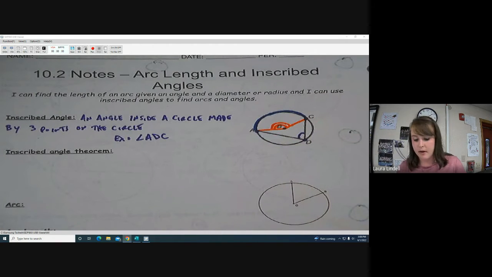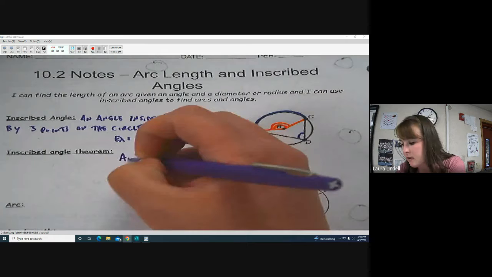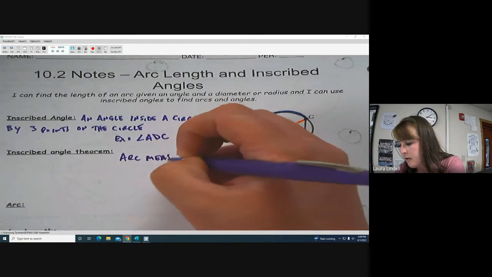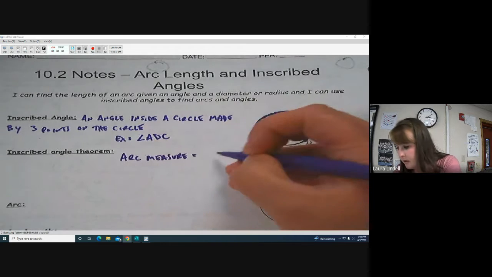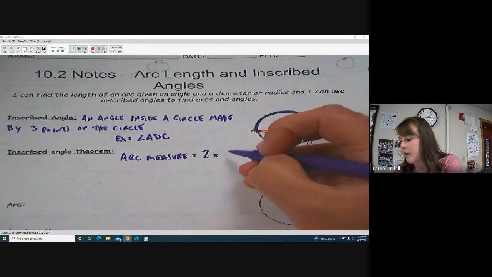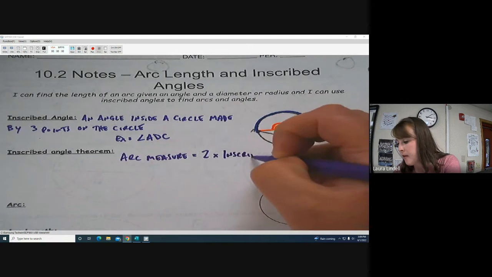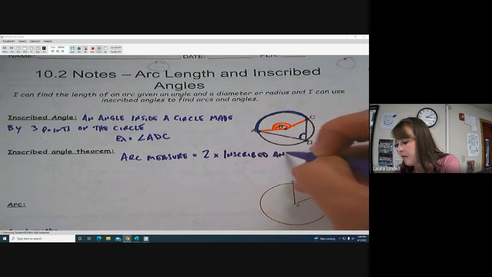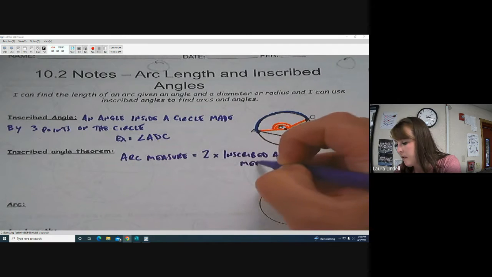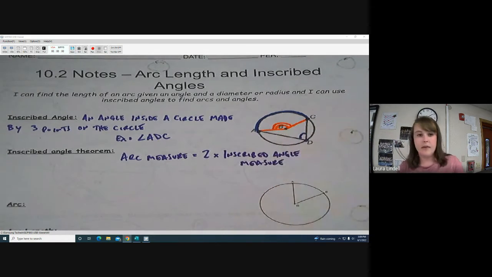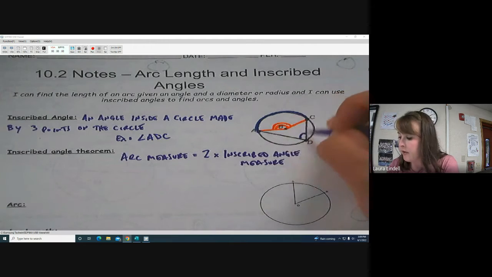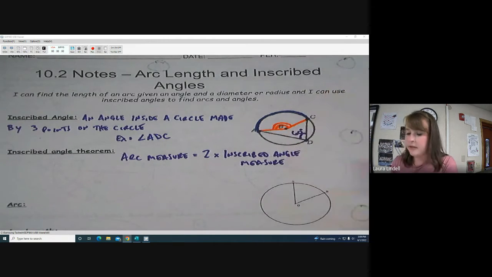So the inscribed angle theorem is that the arc measure is 2 times the inscribed angle measure. All right, so the central angle for that arc is 2 times the inscribed angle measure. So for example, let's say this inscribed angle is 60 degrees.